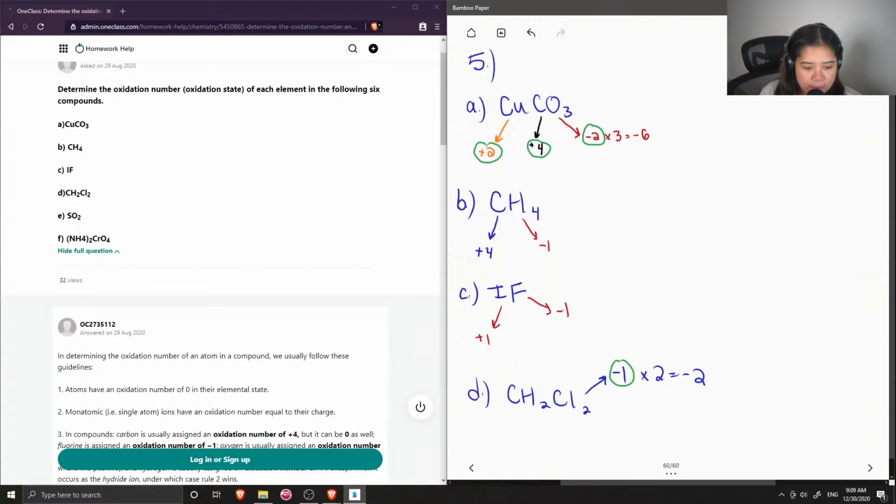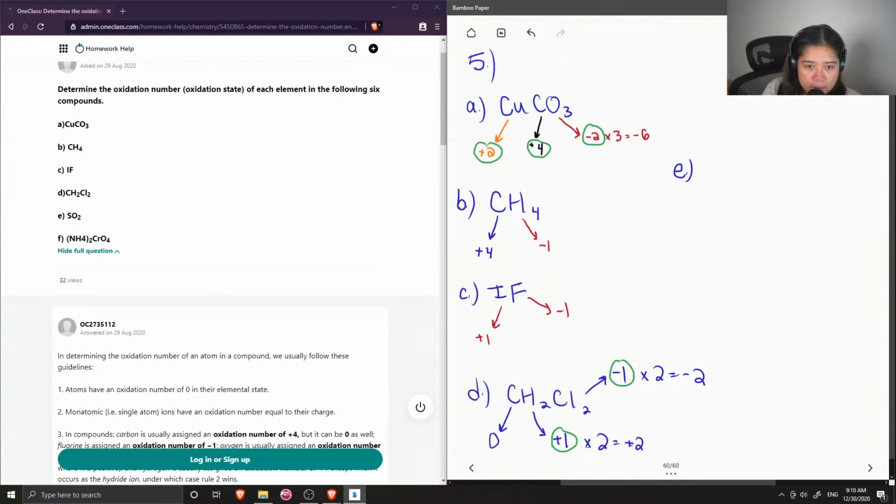In the case of hydrogen, it typically has an oxidation number of +1. But again, there are 2 hydrogen atoms, so I'm going to multiply this by 2, and you get +2. So now you'll see that the hydrogens and the chlorines cancel each other out. So that means the oxidation number of our carbon would just be 0.